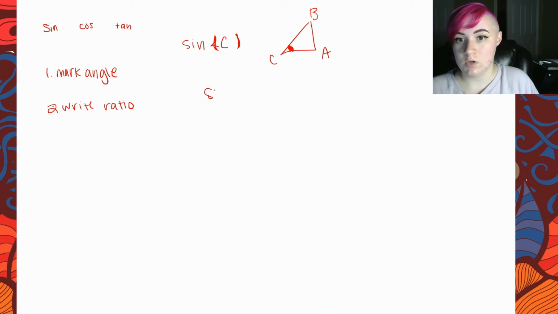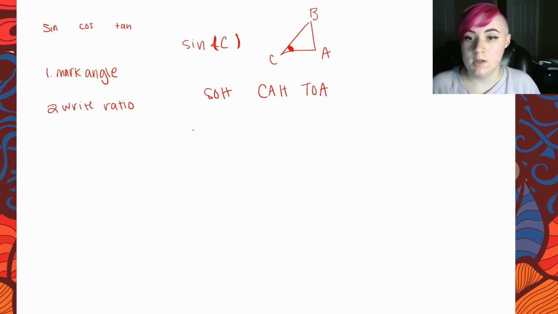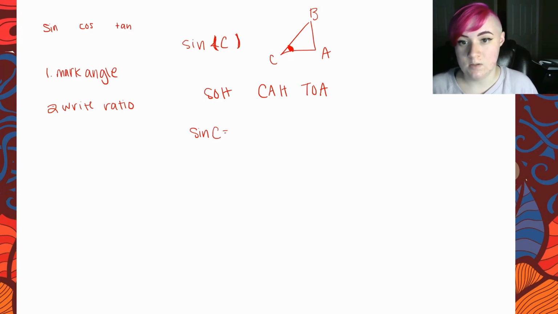You're going to use SOH CAH TOA. So what I want here is sine of whatever angle you're looking at. Here it was C, sine of C, equals opposite, that's what the O stands for, divided by H, the hypotenuse.